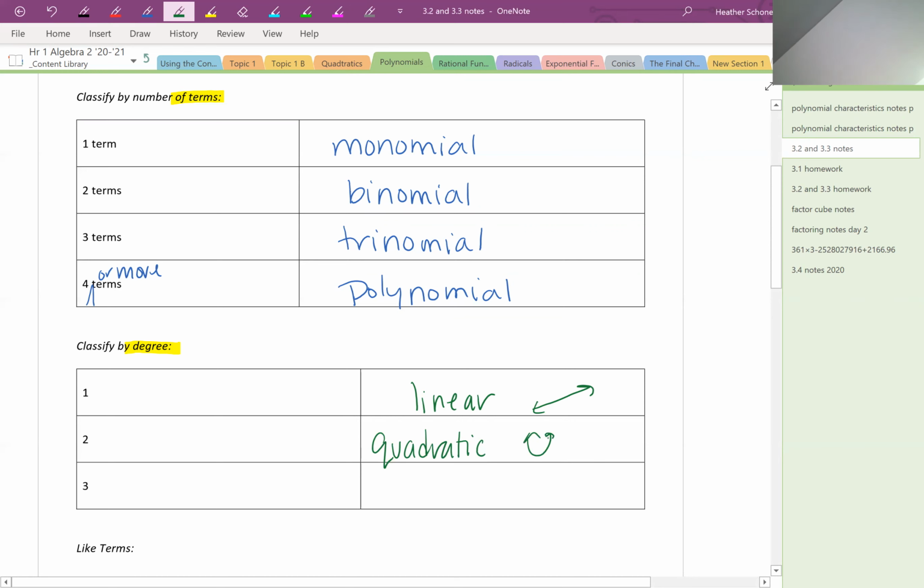And the last one, if the degree is 3, it's called cubic. And we learned that function early on at the beginning of the year when we were studying parent functions. So we've got these terminologies that you can classify polynomials with, and if you're asked to do so, you can do that.